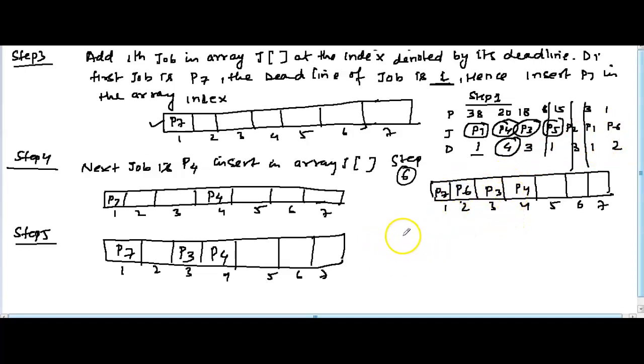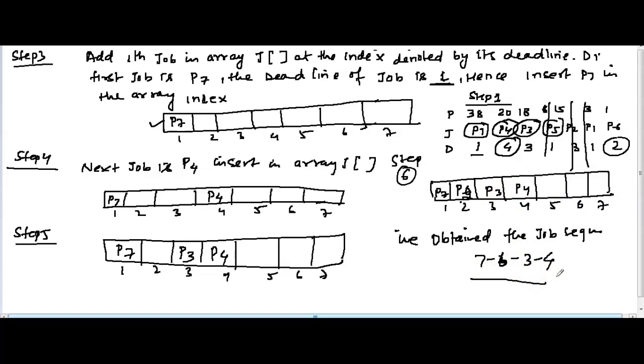Thus, like step 7, we obtain the job sequence: 7, 6, 3 and 4.